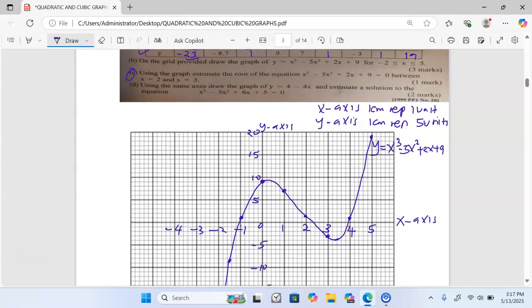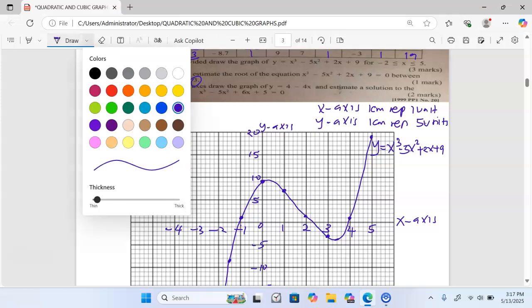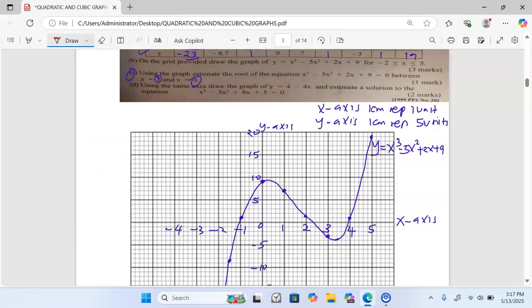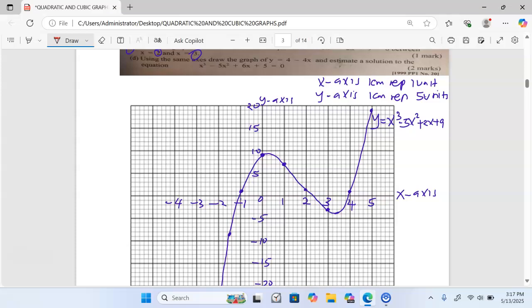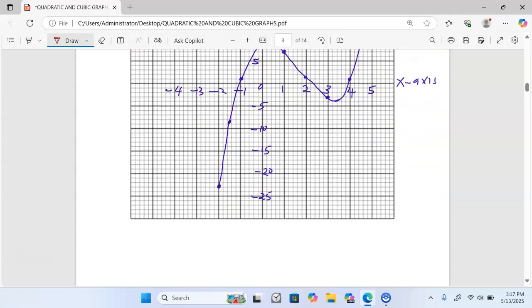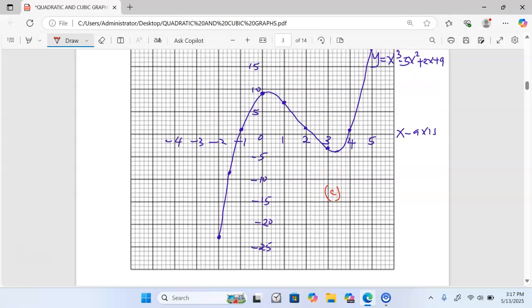Using the graph, estimate the roots of the equation x cubed minus 5x squared plus 2x plus 9 is equal to 0 between x is positive 2 and x is positive 3. For us to do that, we are going to come to part C here. We are supposed to estimate the value of x between 2 and 3.